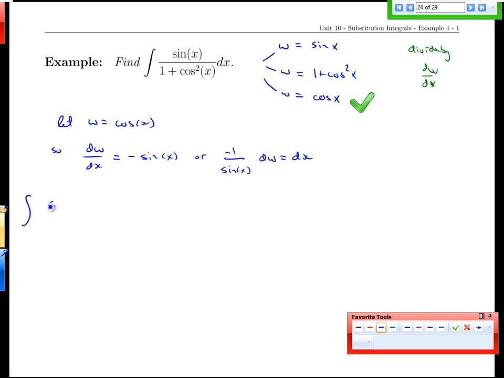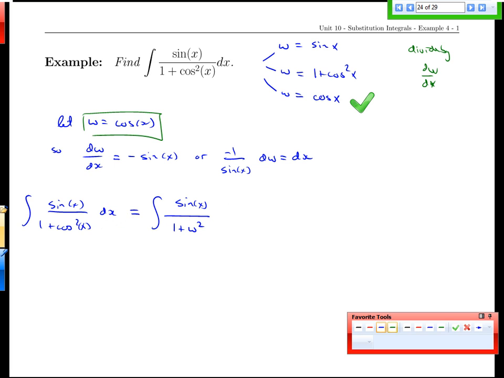That means that our integral of sine of x over 1 plus cos squared of x dx is equal to the integral. The sine, we don't have any replacement for it yet. The 1 plus cos squared, we said that cosine was w, so we'll have 1 over 1 plus w squared.